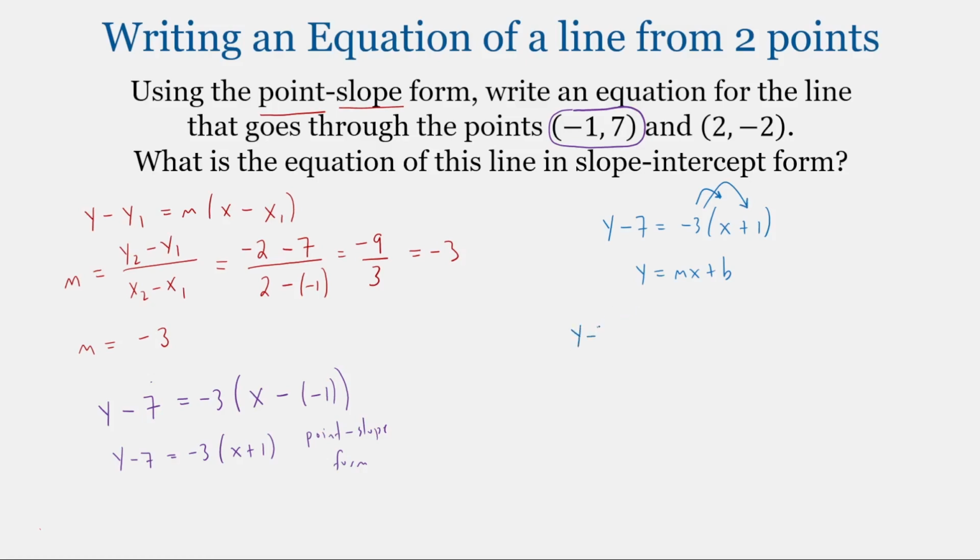So we have y minus 7 equal to negative 3x minus 3. And then adding 7 to both sides, we end up with y equal to negative 3x plus 4. And this is our equation in slope-intercept form.